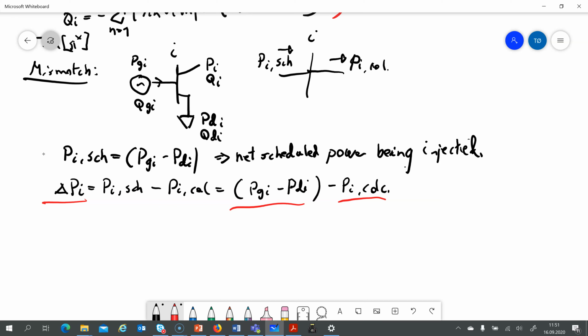And then you can of course say, okay, I do another iteration, until we have an okay mismatch in the system, or if you want to force it to 0. So we can come back to this.